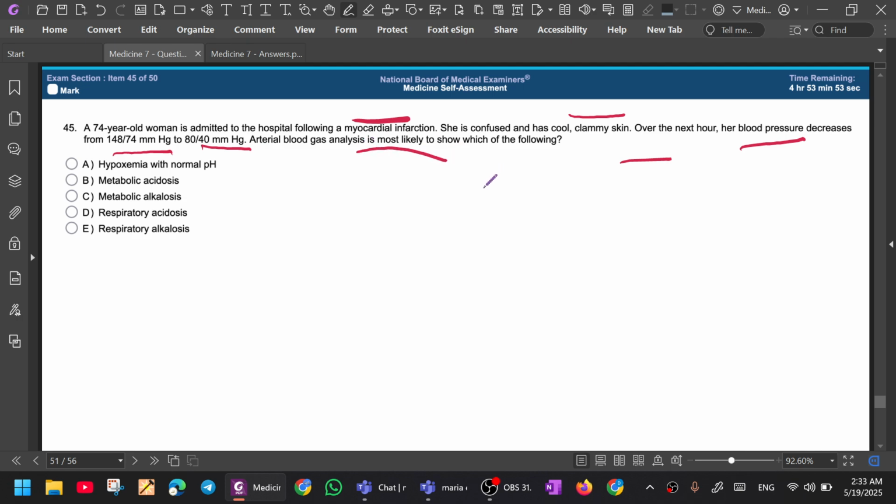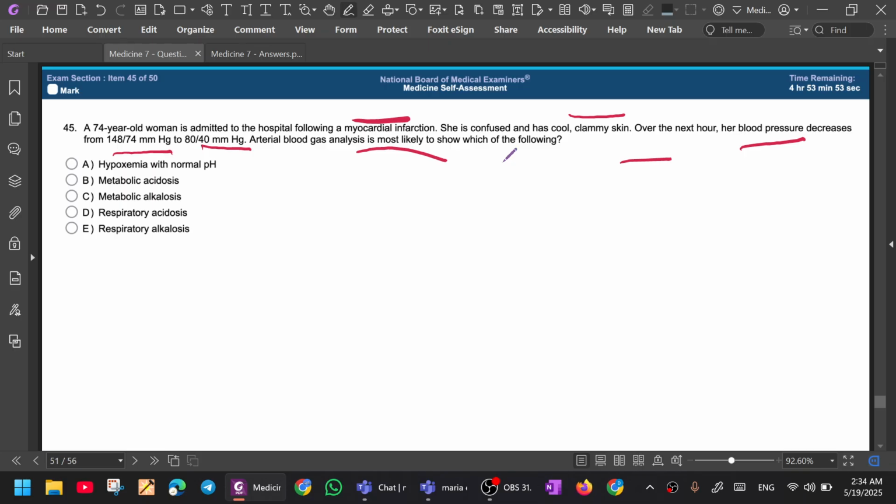She goes into metabolic acidosis. Is it cardiogenic shock? You said the MI, so yes, probably cardiogenic shock.